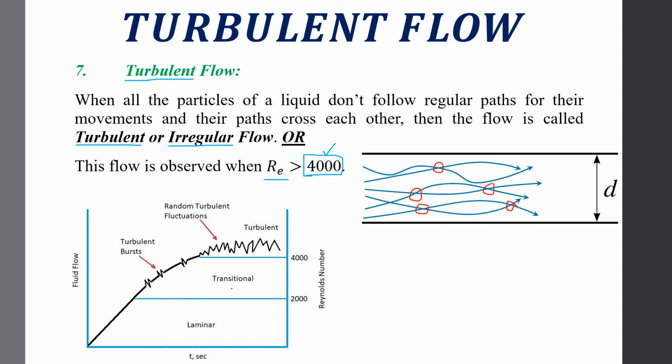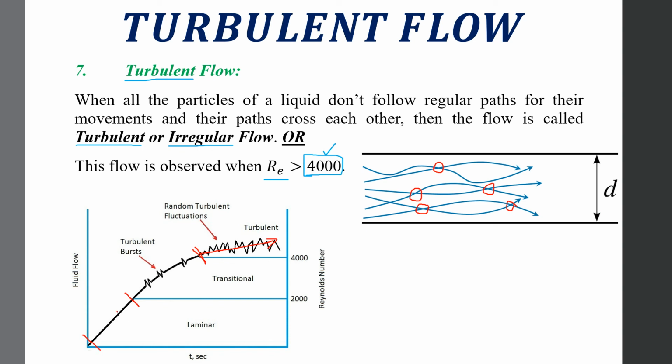In this left figure, you can see this is 4000 Reynolds number, and increasing Reynolds number will increase the turbulency of the flow. At this point, flow is weakly turbulent, and as you increase the Reynolds number, the turbulency will be very high, or very strong turbulent flow will be observed. At this point, laminar flow has become very weak. At this point, laminar flow was very strong.